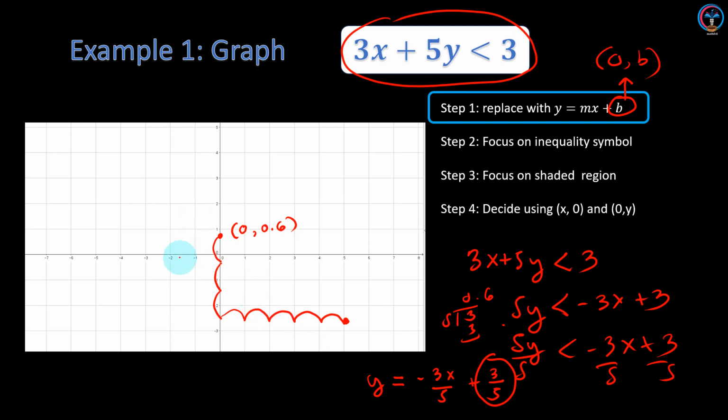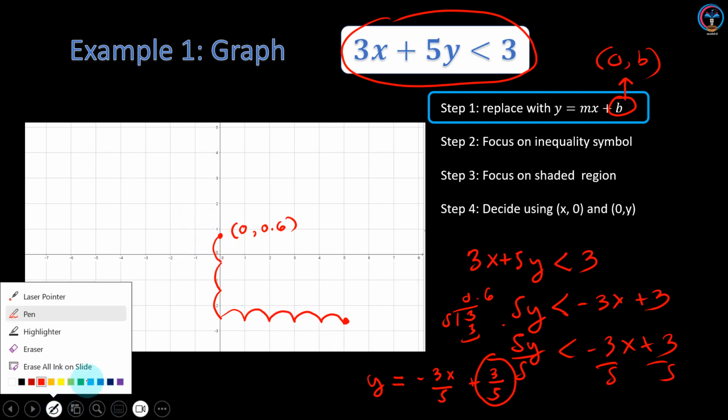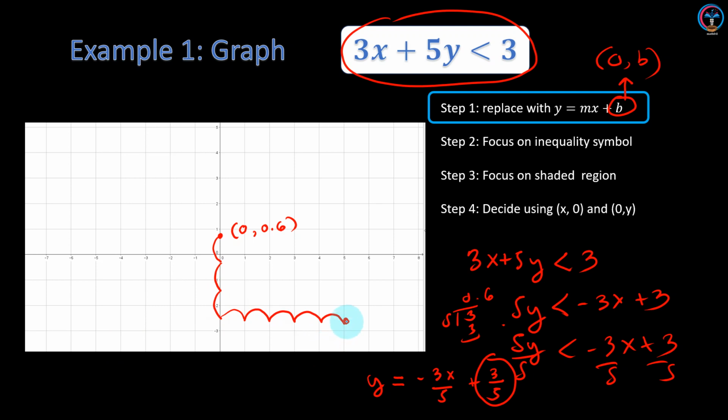Now we already have these points. The inequality symbol is less than.